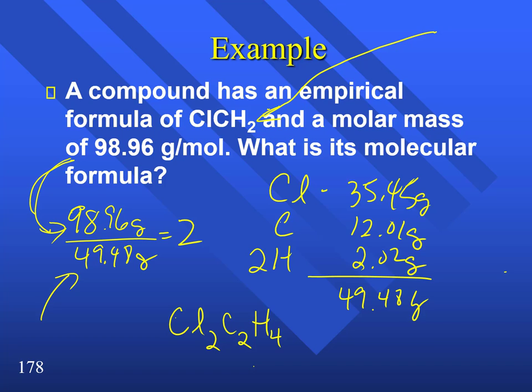I took those percents, changed them into grams. Take the grams, change them into moles. Found the mole ratio. There's twice as many moles of H as there was C and Cl. All the things you did yesterday to get to this point. All those things we did on the homework last night and the day before get you to this point. And then you do a division problem.